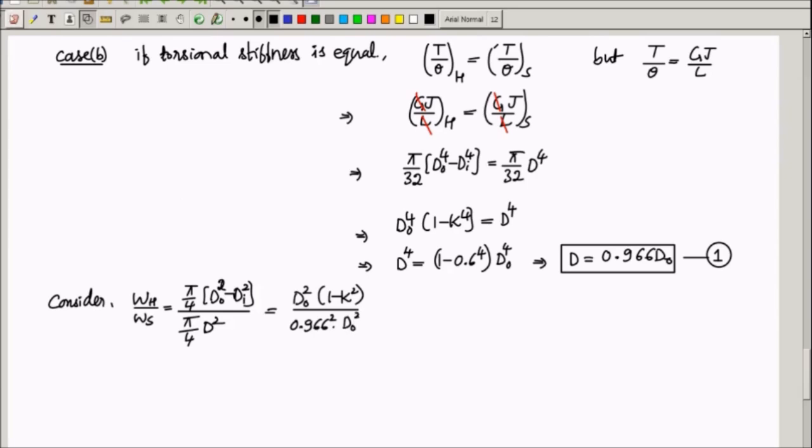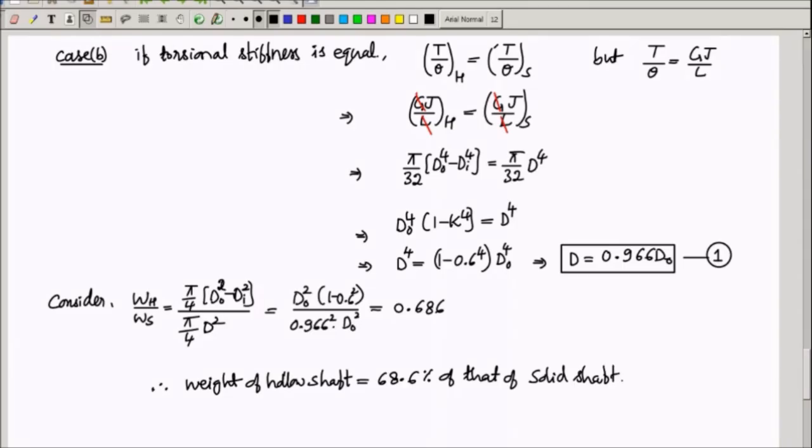And here in the numerator, this is 0.6 square. So when you substitute this and simplify, you will get a ratio of 0.686. Therefore, weight of hollow shaft is 68.6% of that of solid shaft. So like this, you can compare the weights of two shafts.